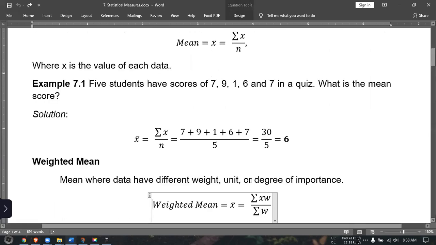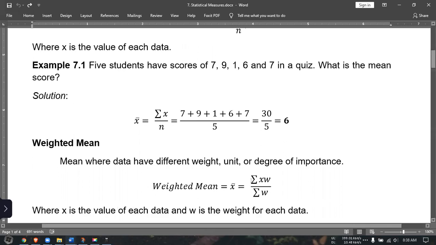We'll be using this formula, the weighted mean: the summation of x is equivalent to the summation of xw, or the total of each value times its weight, over the total number of weights, or total number of units, or degrees of importance.